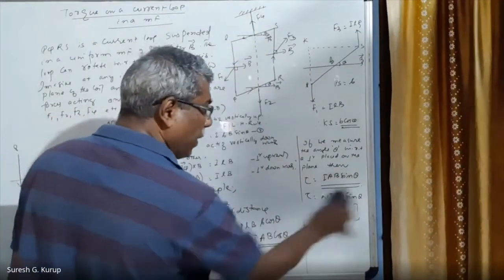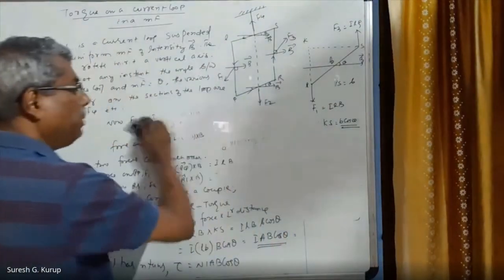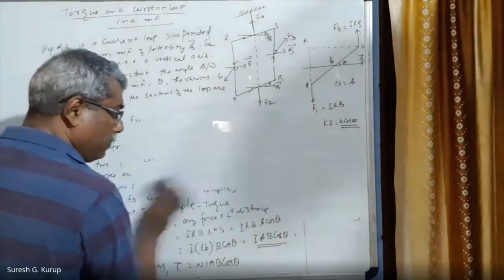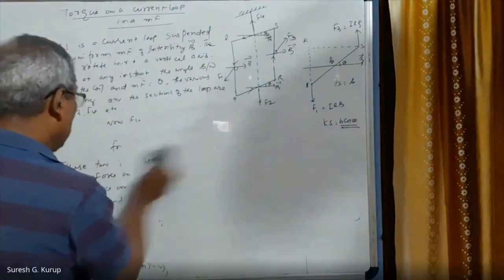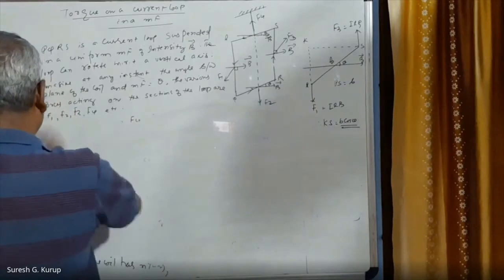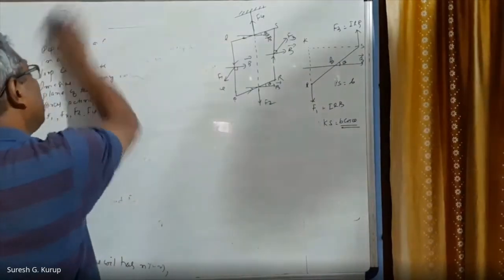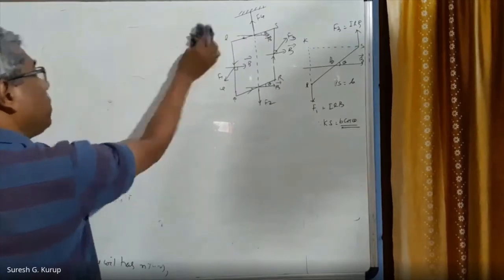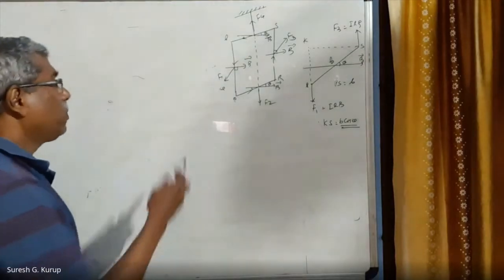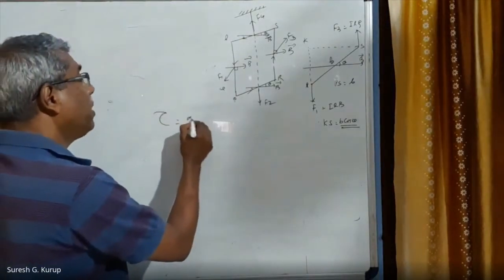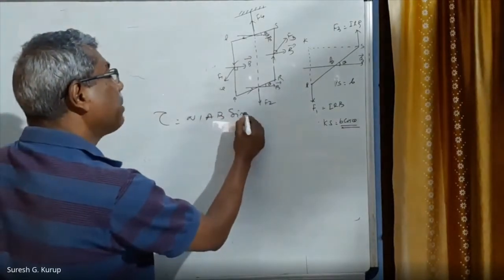Now we will compare a current carrying coil with a dipole magnet. Till now we have studied the torque acting on a current carrying coil placed in a uniform magnetic field, right? That we have already proved as tau is equal to NIAB sin theta, I am writing here, okay?